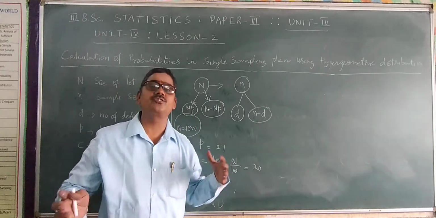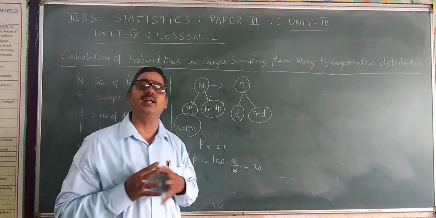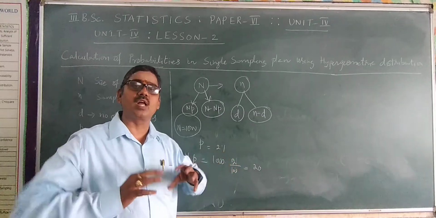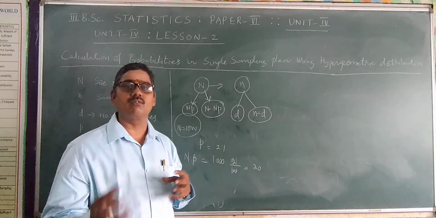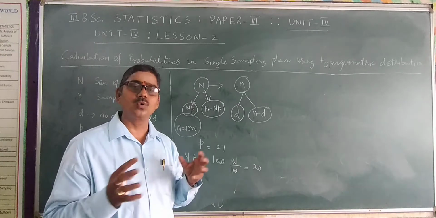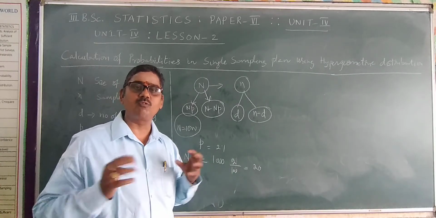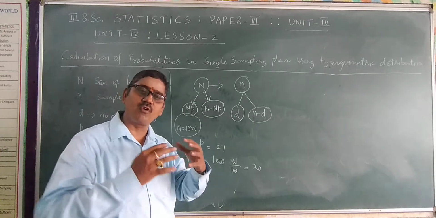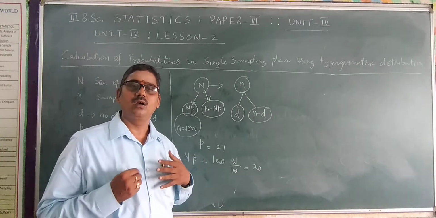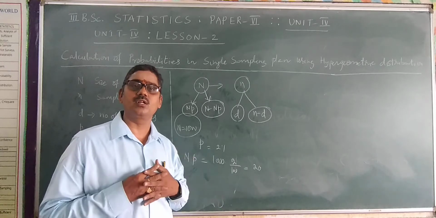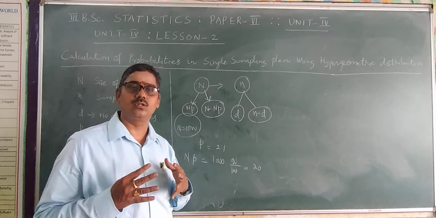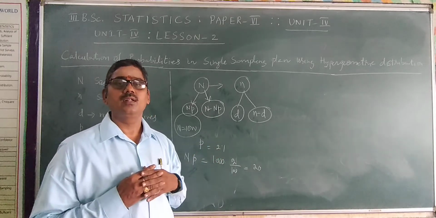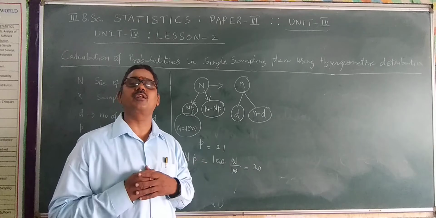For example, a box consists of two colors of balls, black and white, or red and blue. If you want to draw some number of balls, for example 4 or 5, from a bag which contains two colors of balls, then we have to use the hypergeometric distribution.